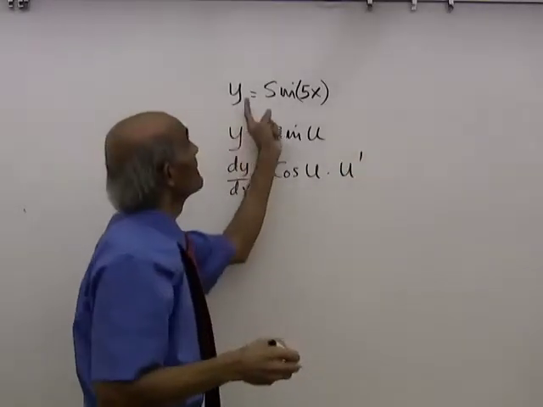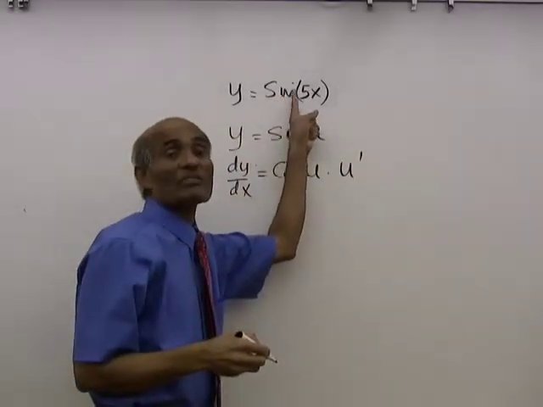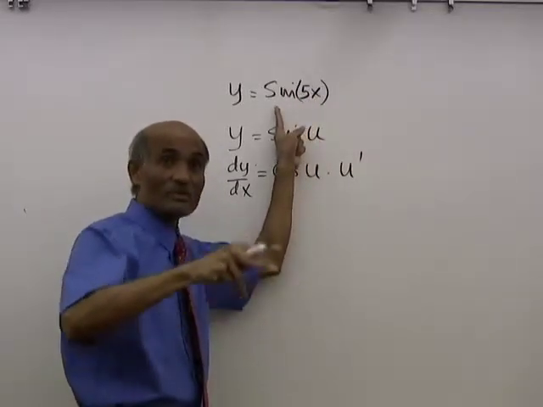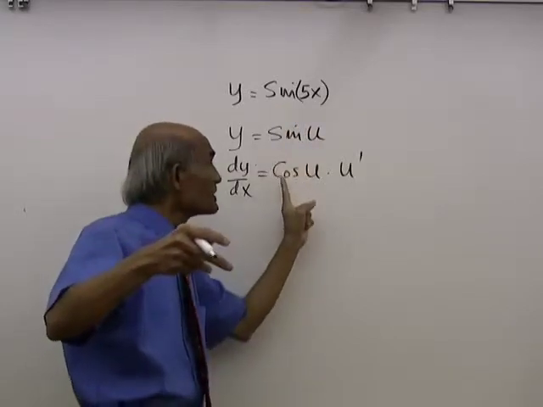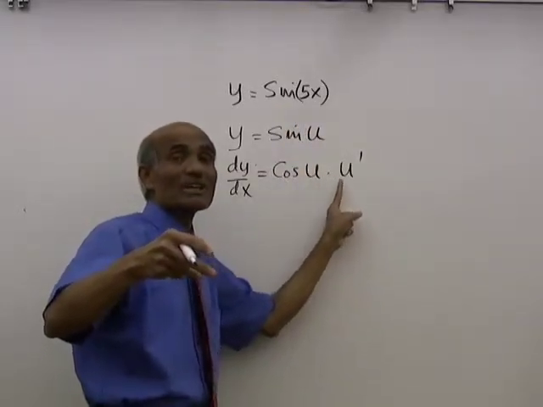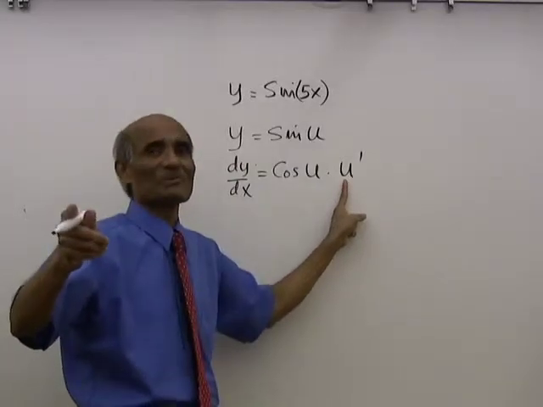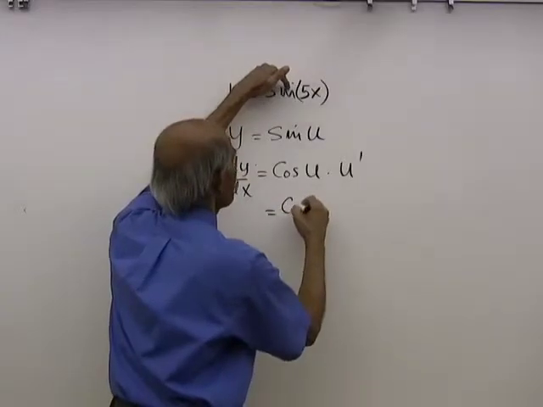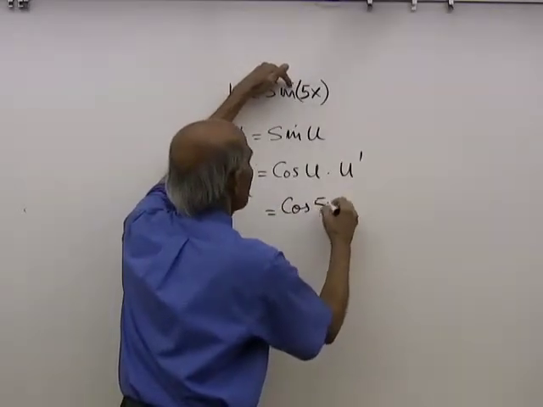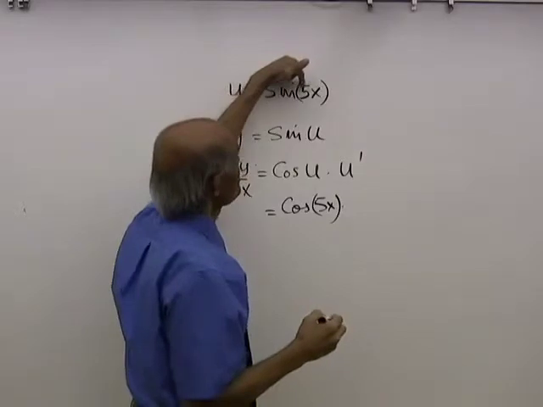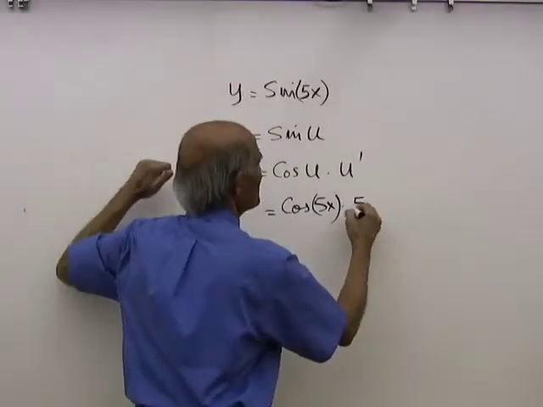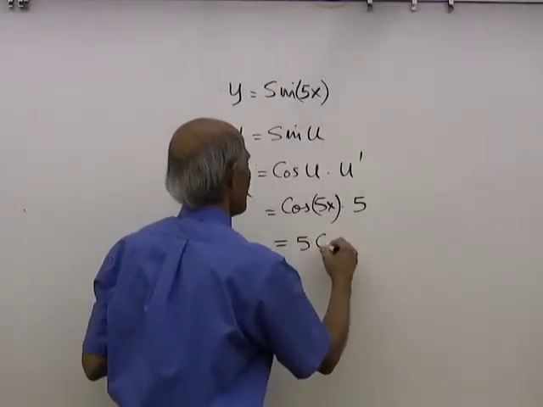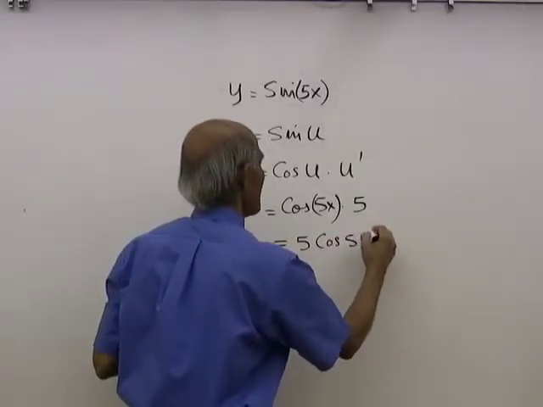In other words, the derivative of a sine quantity is cos of that quantity times the derivative of that quantity. Now that will be cos of 5x times the derivative of 5x, which is 5. And that gives you your final result as 5 cos 5x.